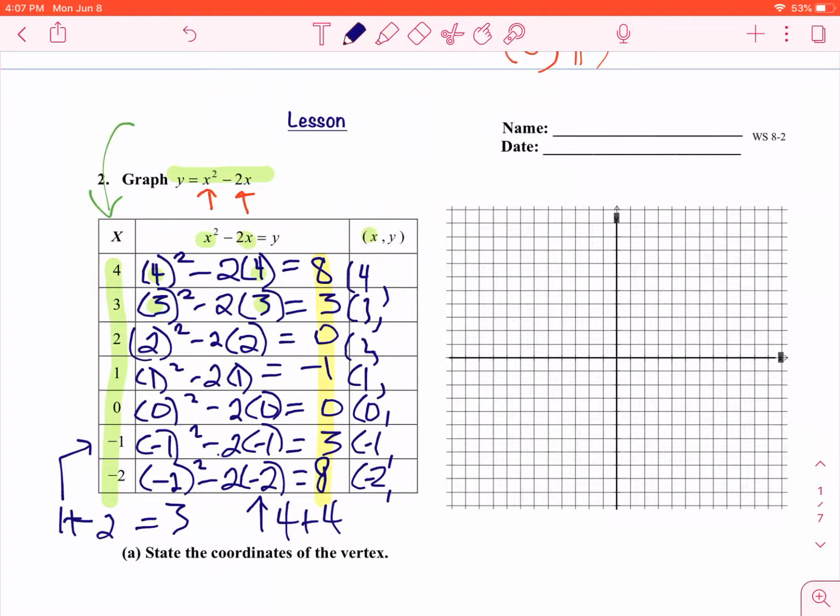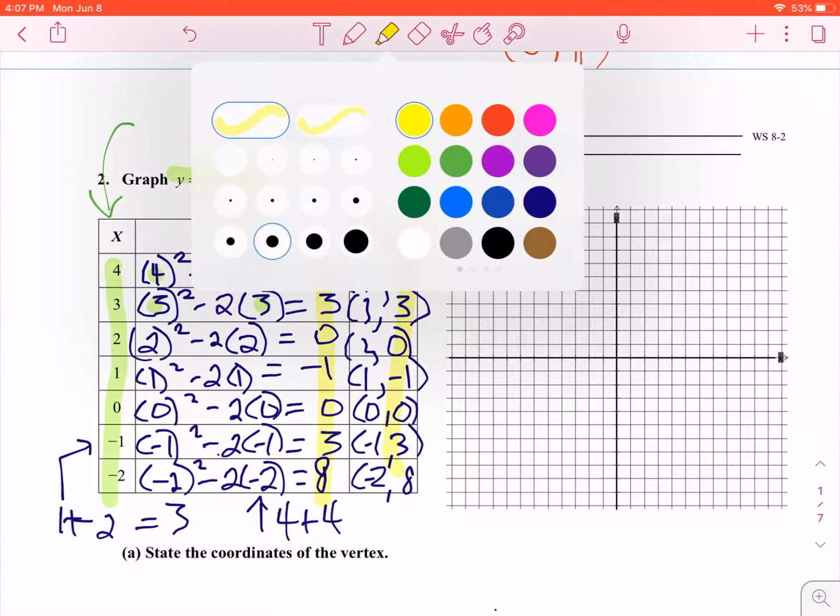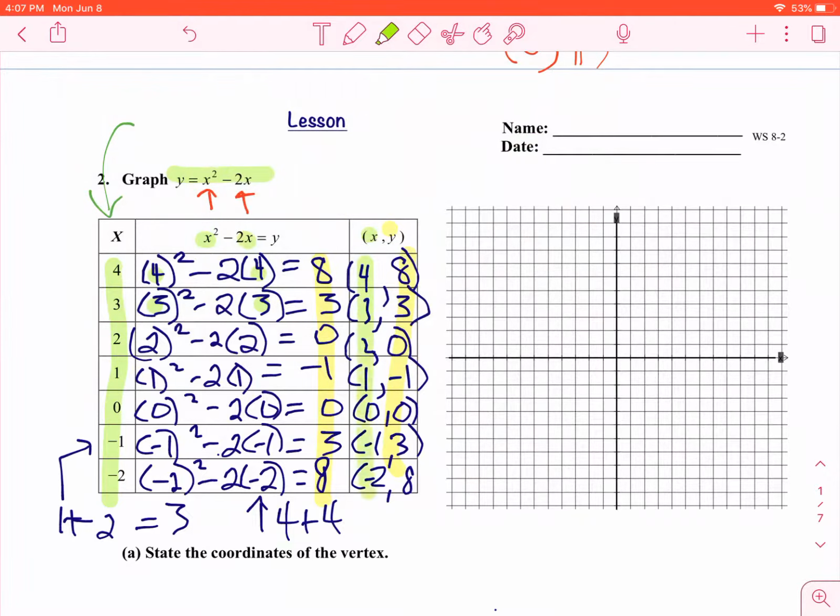I came up with these y values by substituting in my x for all those points. So 8, 3, 0, negative 1, 0, 3, 8. Okay, so use the color coding to track how we're getting these values, just so it's clear to you, okay?